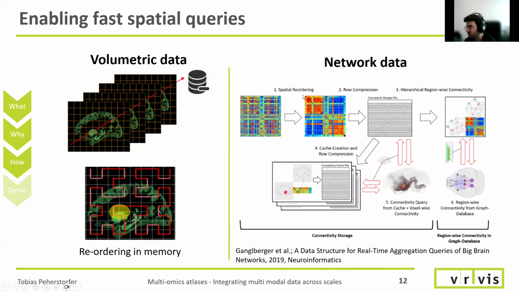Apparently spatial proximity is kept quite well when we reorder like this, because now it looks much more homogeneous. And then you can do some clever shenanigans by compressing rows here and pre-computing cache files to make queries on such network data really, really fast.